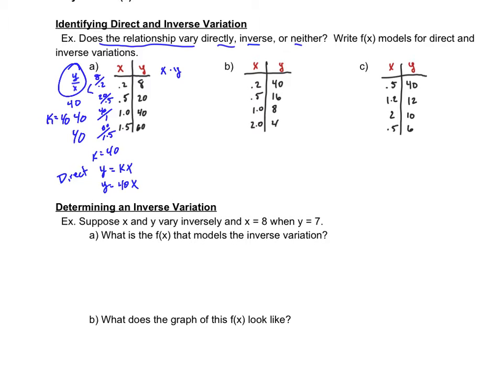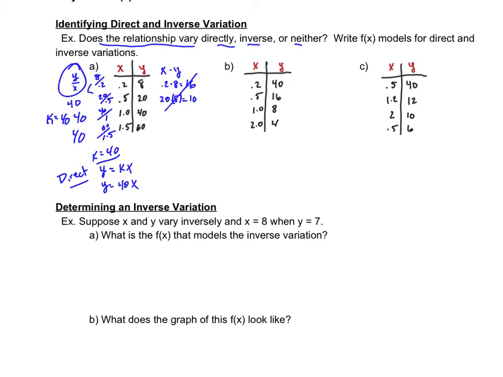Just to prove that it's not inverse, if I have 0.2 times 8, I get 1.6, and if I have 20 times 0.5, I get 10. So obviously that's not working. There we go, we have our first problem. It's direct, and we found out the constant of variation was 40.